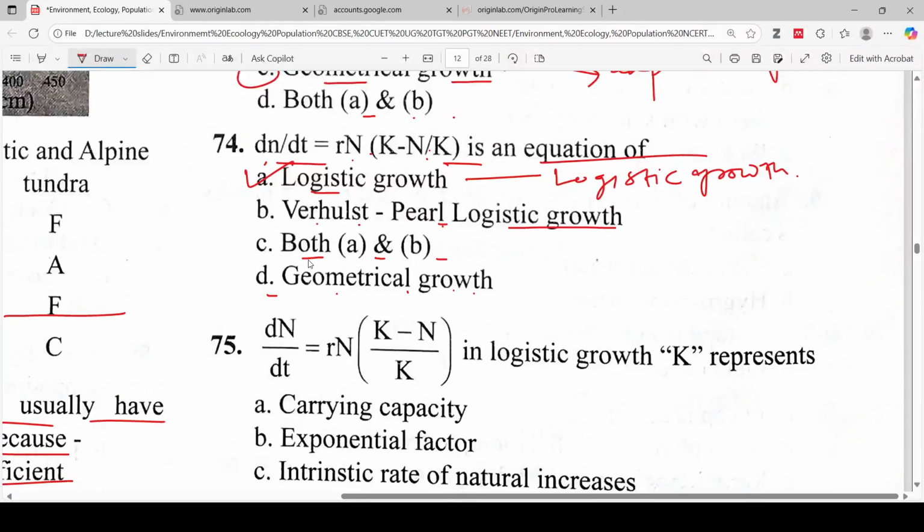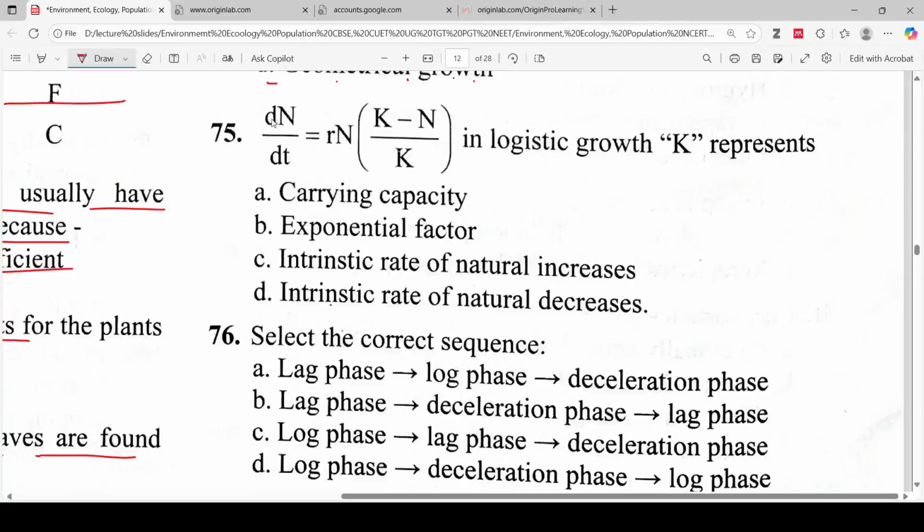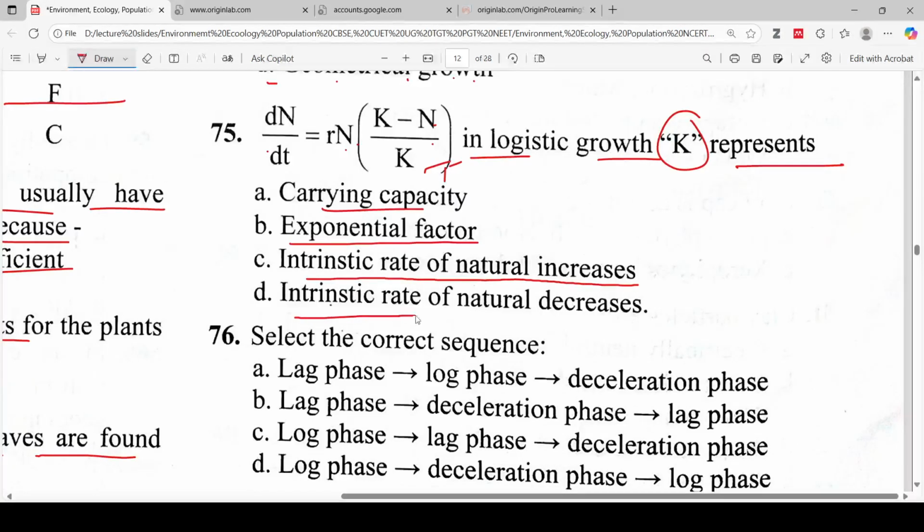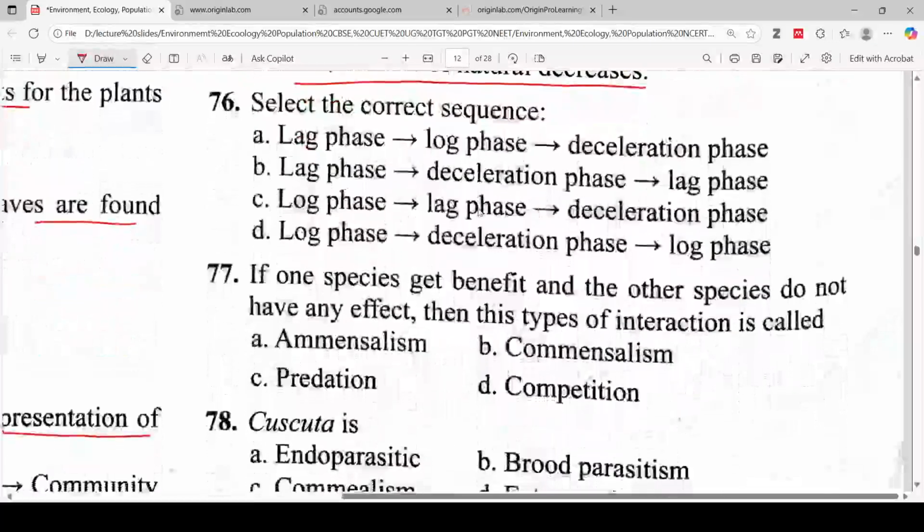Next question. dN/dt = rN (K minus N)/K. In logistic growth, K represents: carrying capacity, exponential factors, intrinsic rate of natural increase, or intrinsic rate of natural decrease. So the correct answer will be option A. The carrying capacity is K. Next question, select the correct sequence.